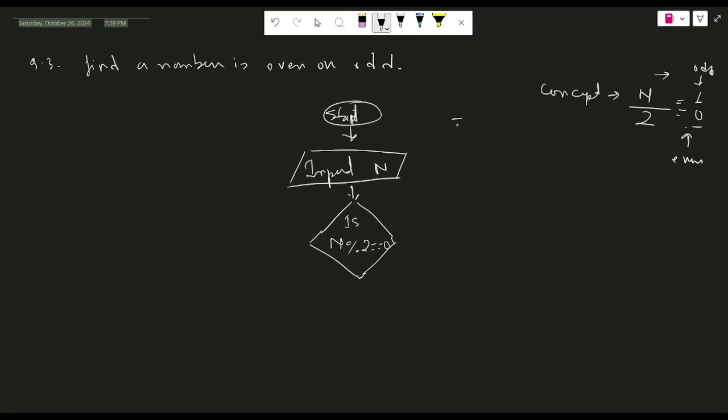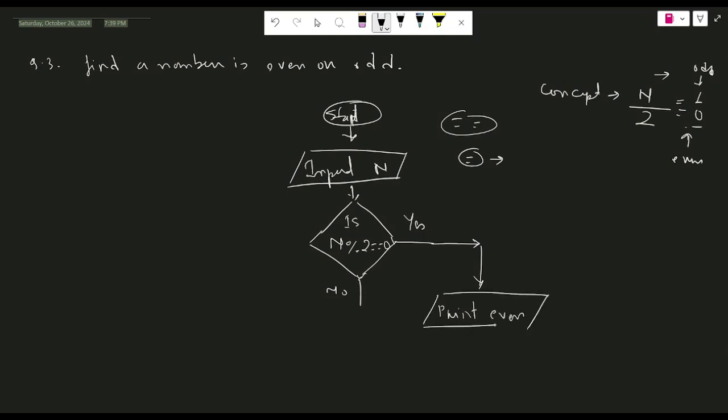I told you earlier also, double equal means checking whether something is equal in computer language, and a single equal means something is assigned to a variable. So here two outcomes will be there, one which will be true or yes, and one which will be no. If the number is divided by 2 and gets a remainder 0, then the output will be, we'll print even.